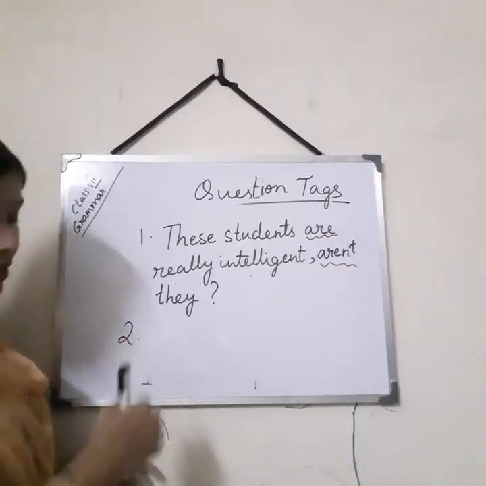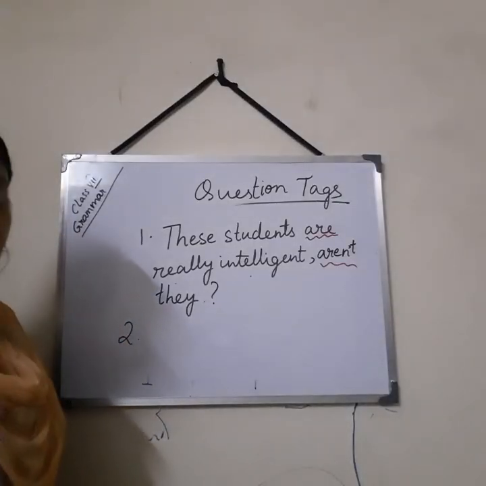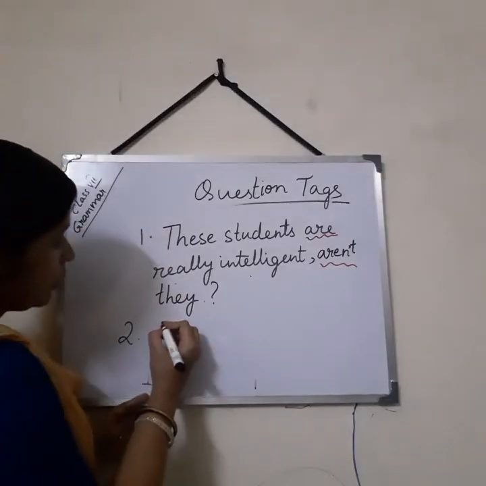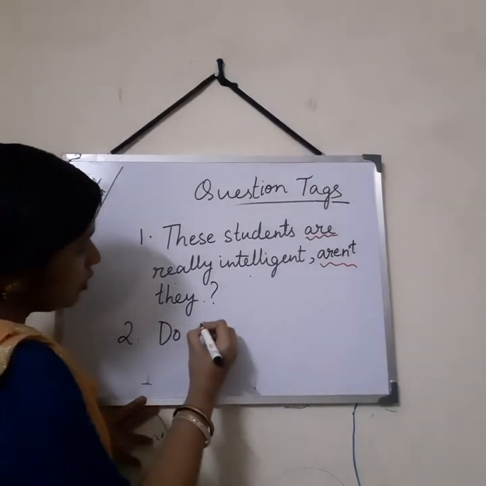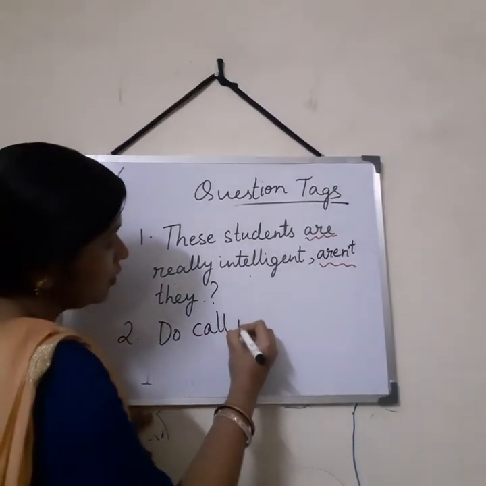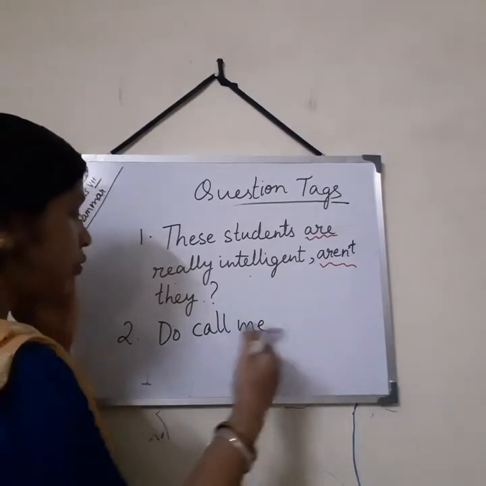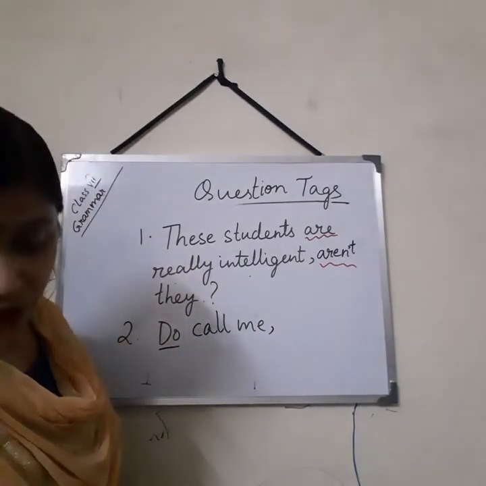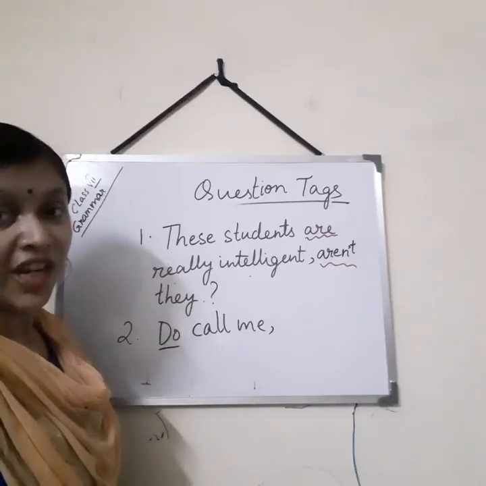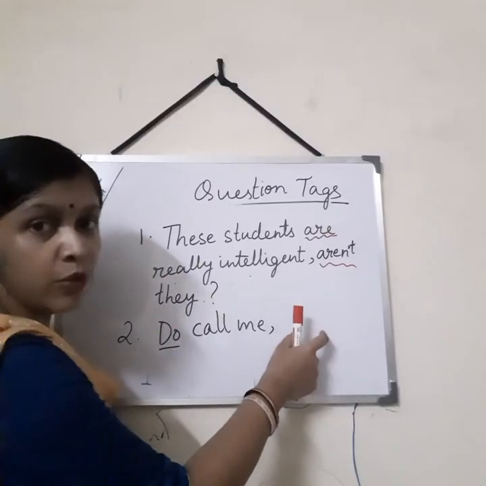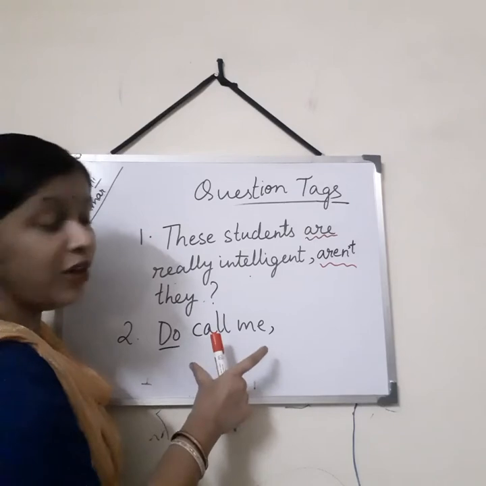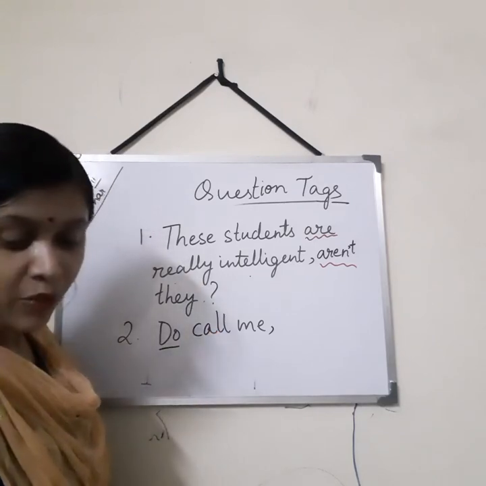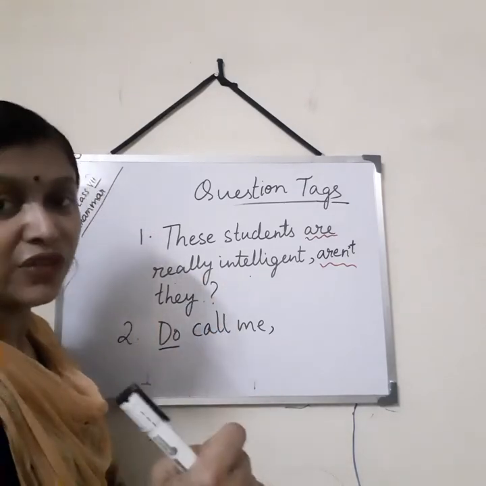The second statement is do call me. This is also a positive command. Do call me. Since it is a command, not a statement, we cannot change it into don't you. So remember what we have read for positive commands.